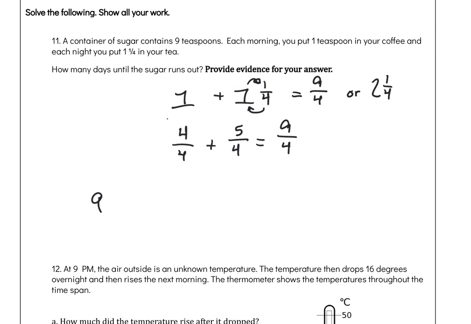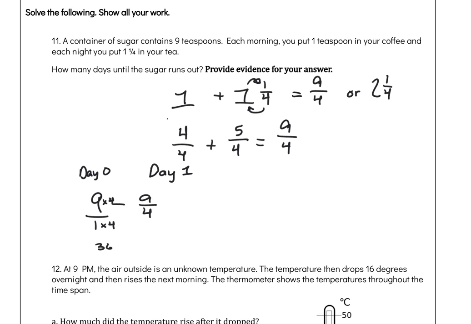Okay, so here we go. We're going to set this up. At day 0, it hasn't been a day, I have 9. At day 1, I'm going to take away 9/4 worth of sugar. Well, I'm going to subtract here. I need to change these to make common denominators.